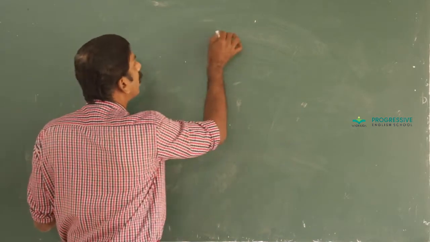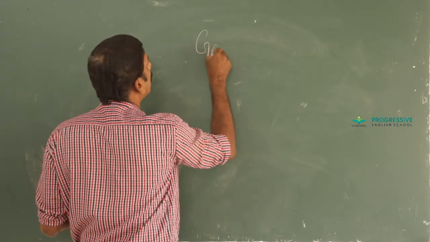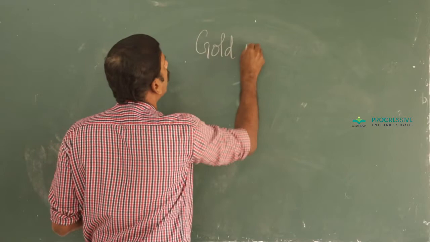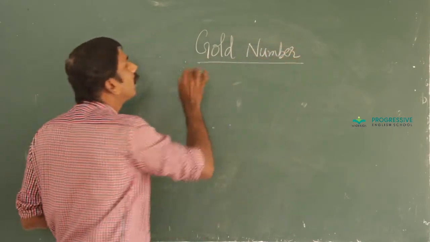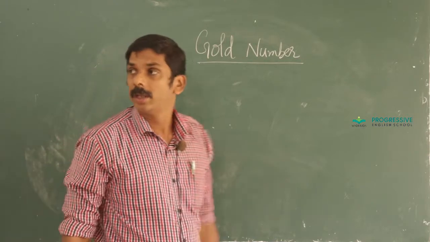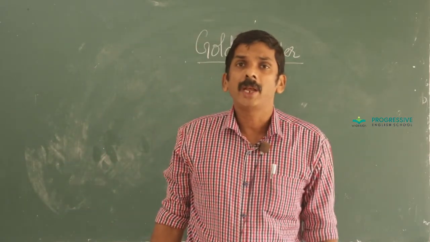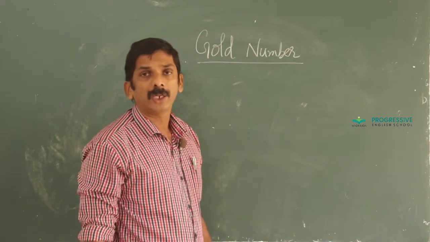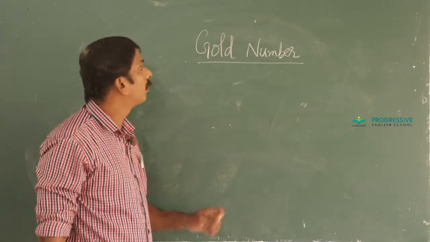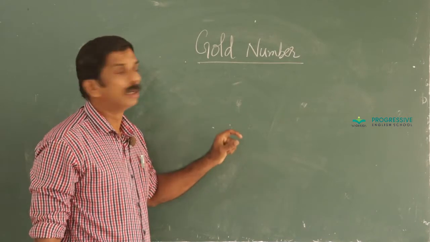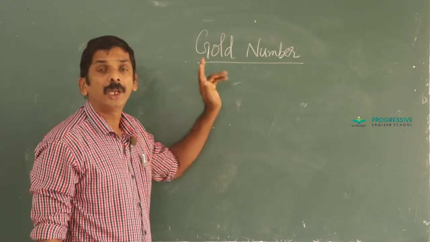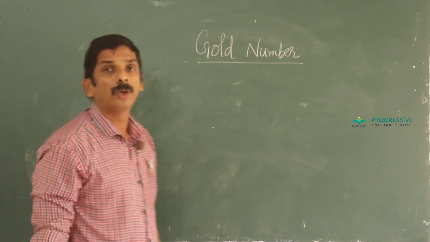That is why I just mentioned that term. In relation to protective colloid, you can easily understand that. That is nothing but gold number. The protective action, or protective power, of a lyophilic sol is measured or expressed in terms of gold number.